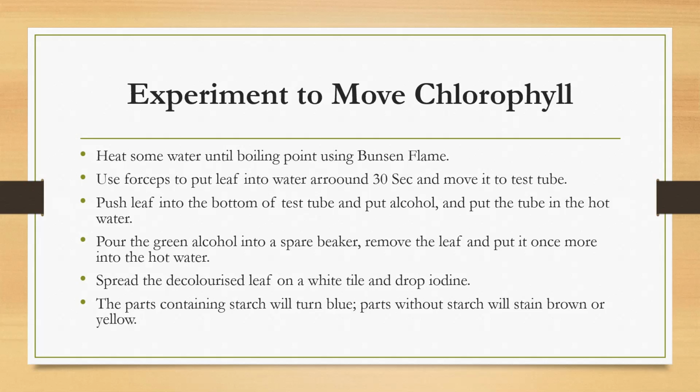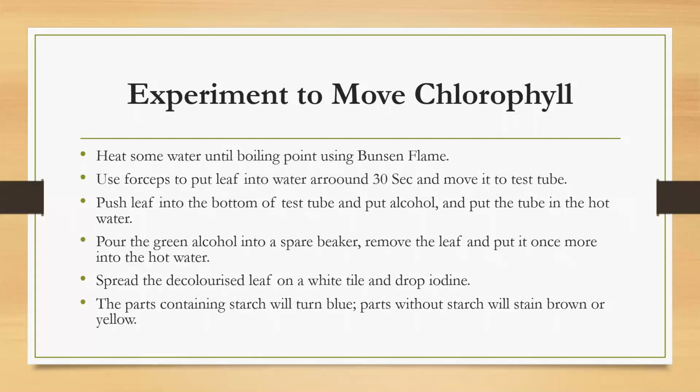We heat some water until boiling point using a Bunsen flame. After the water reaches boiling point, we turn off the Bunsen flame. After that, we need forceps to put the leaf into the water for around 30 seconds, and then we move it into the test tube.